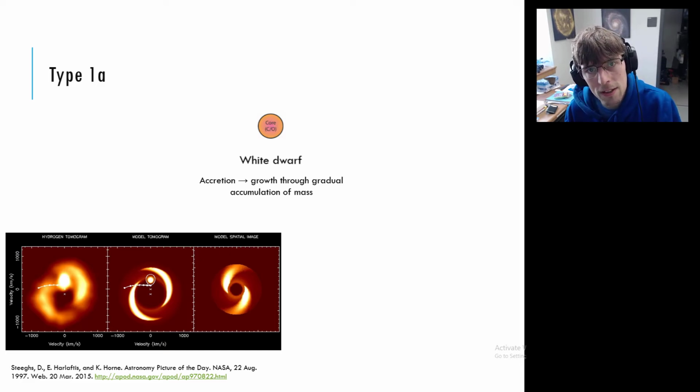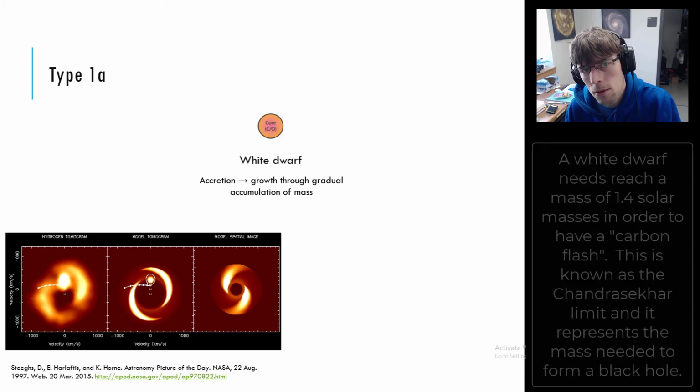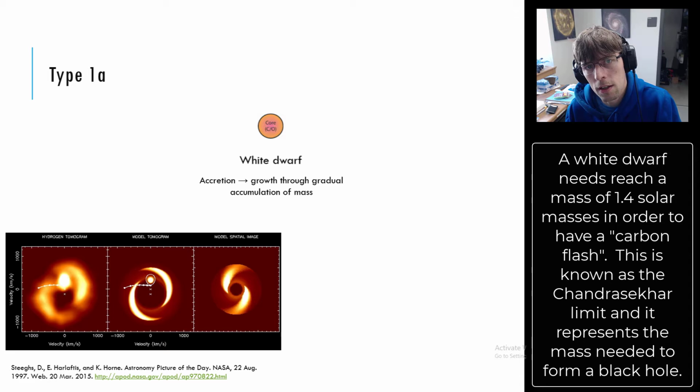And you can imagine, what happens if it accumulates enough material that all of a sudden the fusion process can start again? Almost like a helium flash, but now I'll call it a carbon flash. Okay? This white dwarf slowly accumulates, accretes more and more material, and then you have a carbon flash.